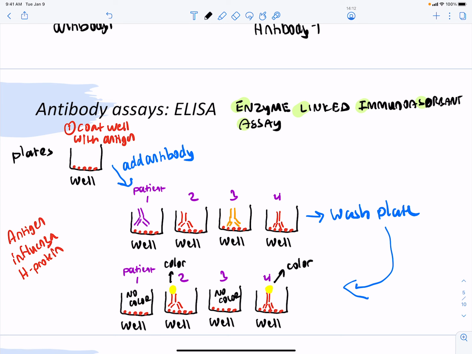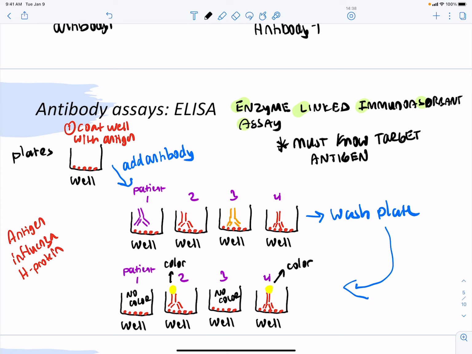And so basically an ELISA is a pretty easy way, as long as you have to know the target antigen. So remember, this is very specific. If you were just to coat this with influenza virus, whole virus, you might get binding in patient 1, 2, 3, and 4.